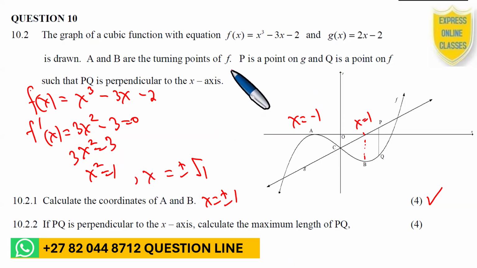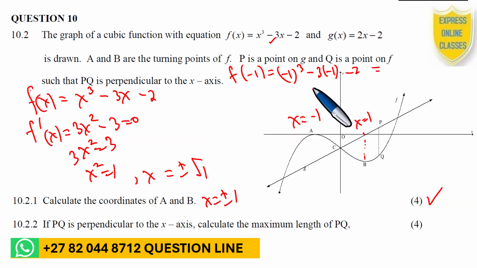Right, so you find f of -1, substitute into the function, which is (-1) cubed minus 3 times (-1) minus 2, which is -1 plus 3 minus 2, which gives us 0 there.